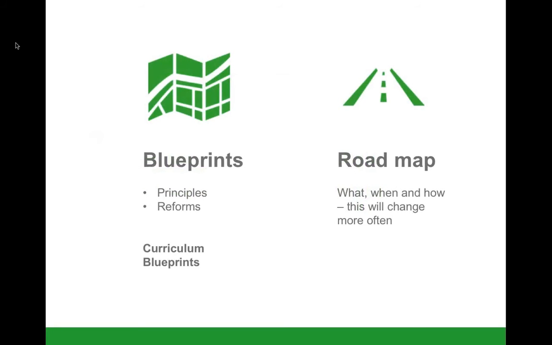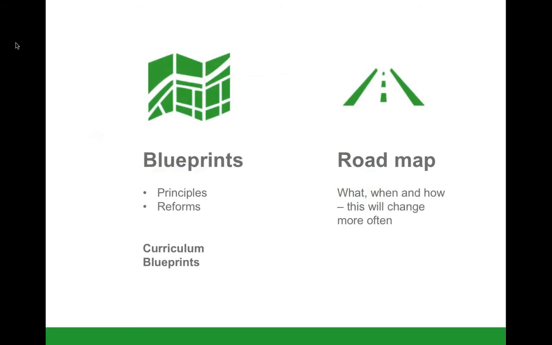In terms of the outcomes from a strategy project, two things you need to be thinking about as you're working on a strategy are blueprints and roadmaps. We've made this sort of separation between the two for a couple of reasons. We see blueprints as bigger picture documents that might have things like principles that you're going to follow as you're developing digital learning, or reforms if you're changing the way you're doing your digital learning.